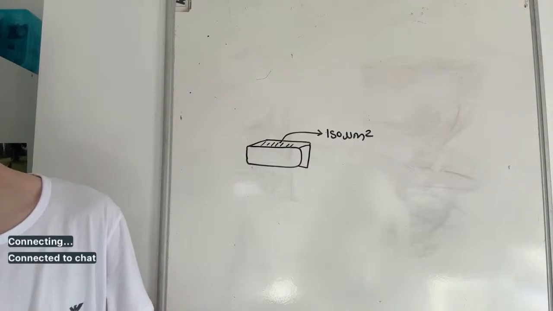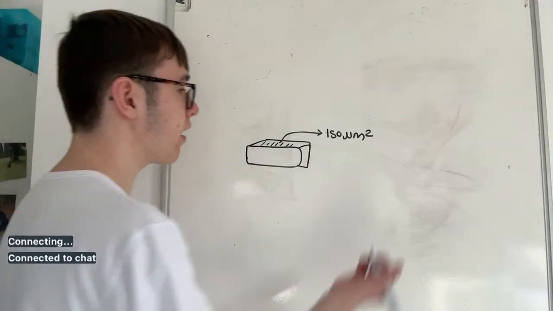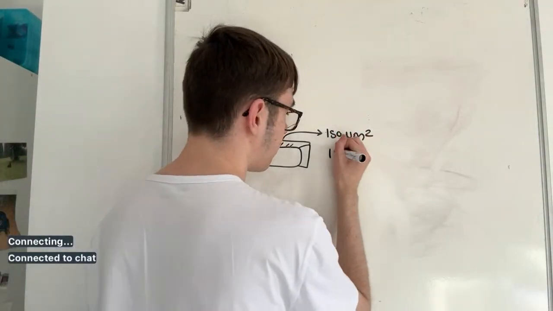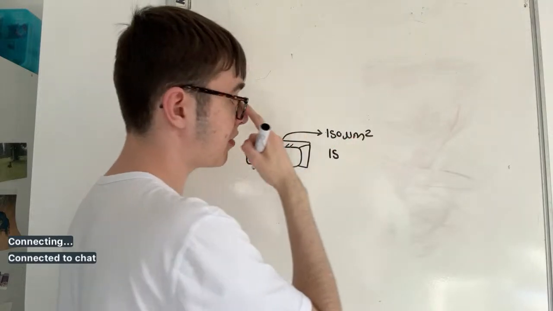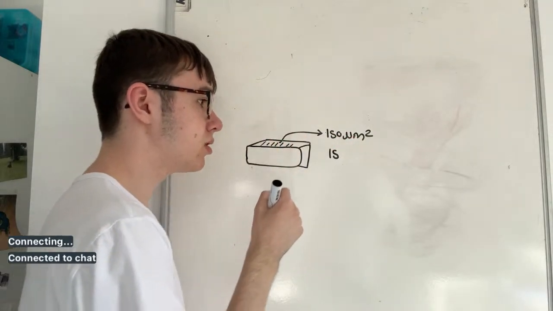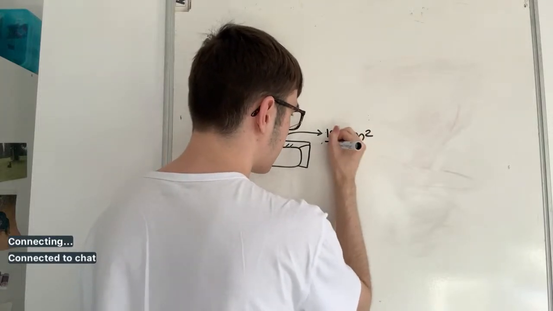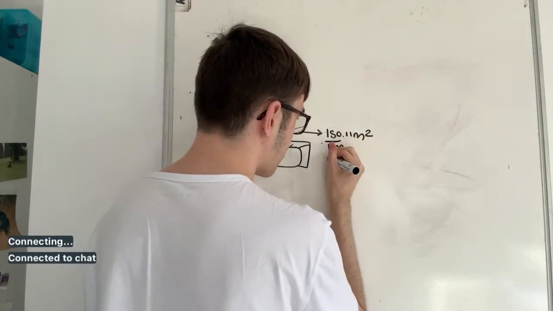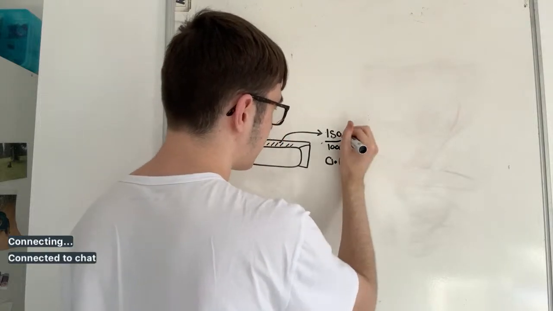Alright. The total area. Hold on, this is 2 marks. This is easy. Just convert that to millimeters. So, hold on, if it's you would divide? Yep. You would divide by 1,000, so that's 0.15 centimeters squared.